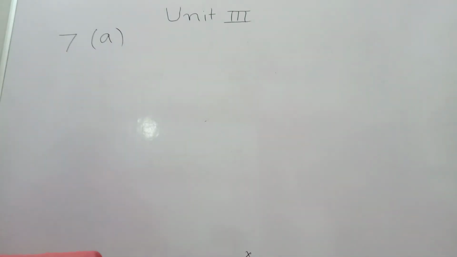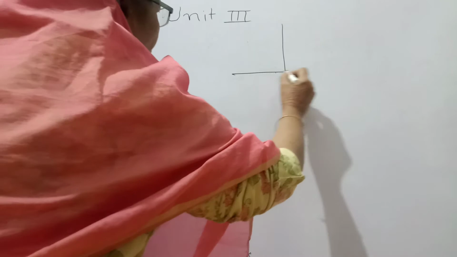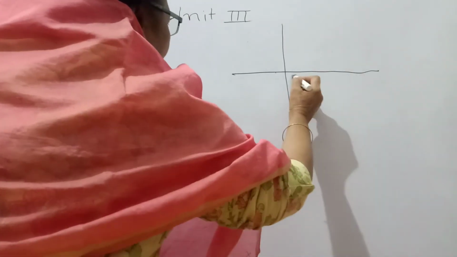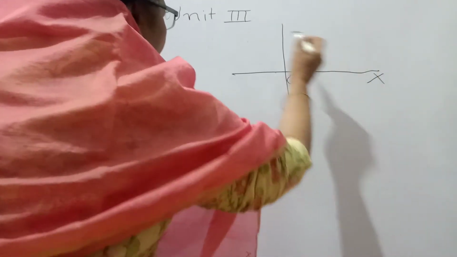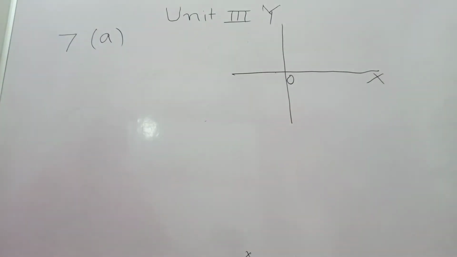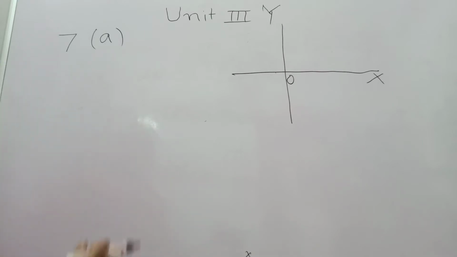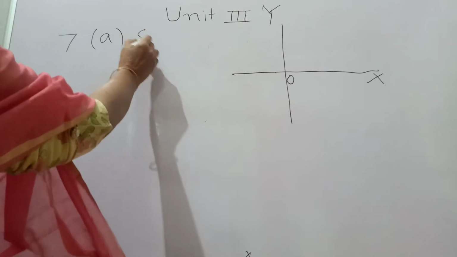So this is our x-axis and this is y-axis, and as it is said, we have to find the area bounded by the parabola.